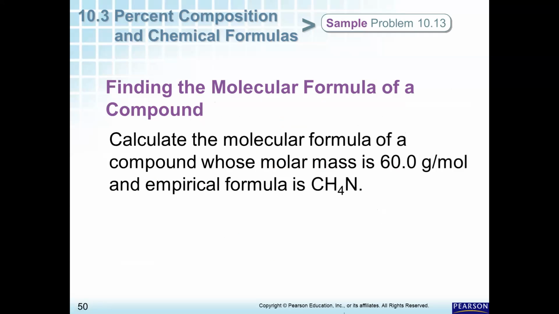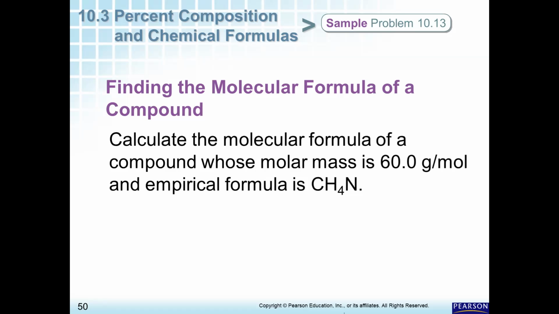Here's an example so you know what I'm talking about. Calculate the molecular formula for a compound whose molar mass is 60. So he's provided you with the molar mass of the compound and the empirical formula. That shortens a step for you, instead of giving you the percent composition.